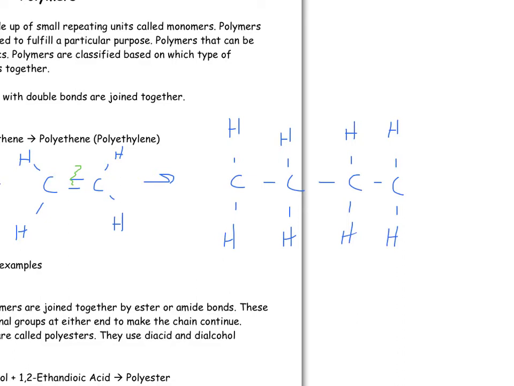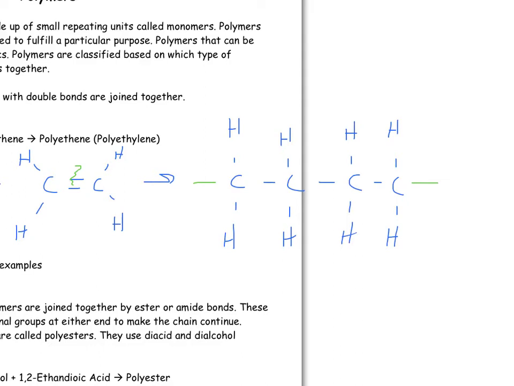Now the two carbons at the ends only have 3 bonds. This was created when the double bonds on the ethene was broken. They have an active site where another ethene can break its double bond and join on and extend the chain. The chain can be as long as you want, as long as you continually supply ethene to it.